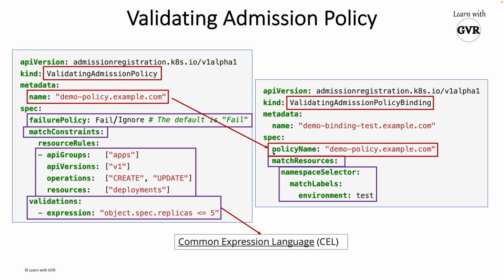Like, I want to apply this particular policy when environment equals test. That's a match condition. So typically a validating admission policy will have two different YAMLs. That's it. And the most important is this expression, we need to give it in the form of a CEL. You may be wondering what CEL is. We'll see in the next slide.